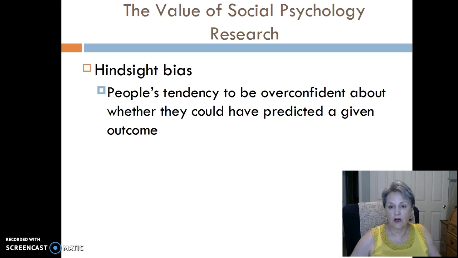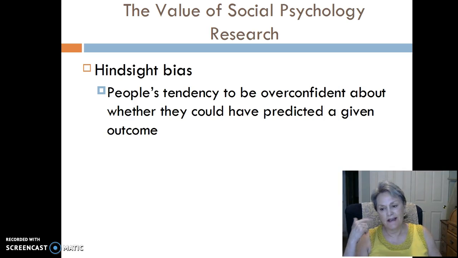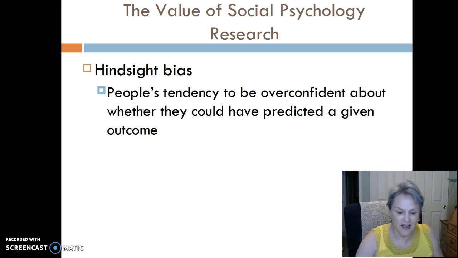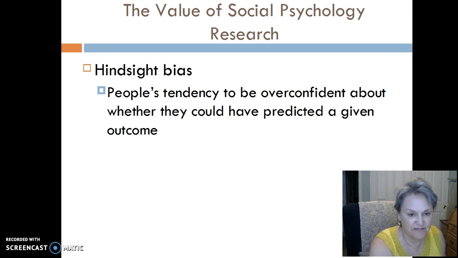Because the results are obvious. The thing is that the results seem more obvious to us after we have the information, because when we know the outcome of a study, then our mind comes up with reasons to support why that's the logical outcome. Hindsight bias.